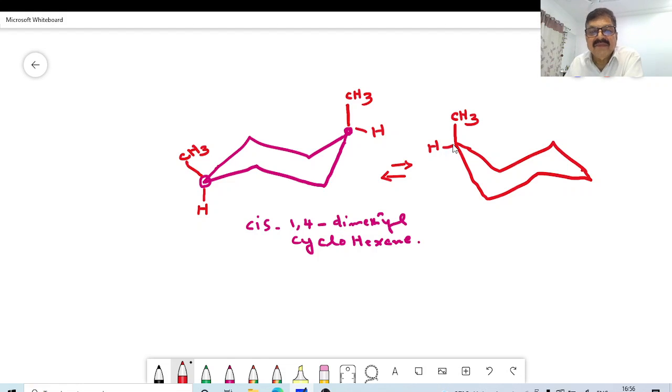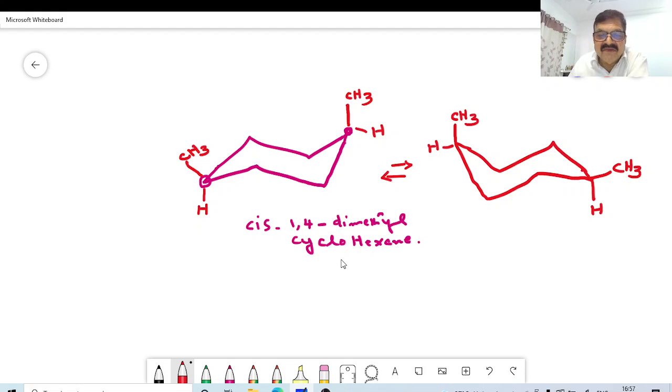This axial methyl group will become equatorial, like this. So both conformations have one methyl group in the axial position and another methyl group in the equatorial position. Therefore, both conformations will be equally stable.